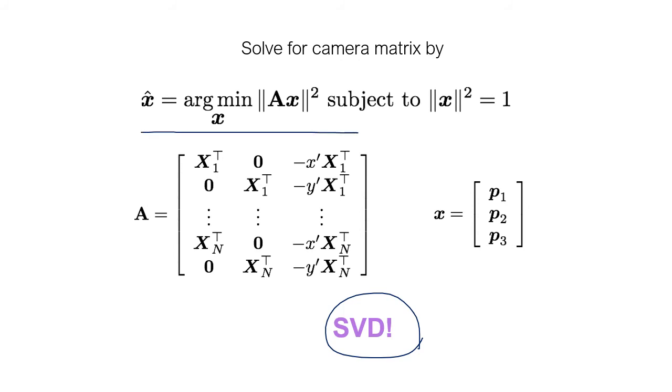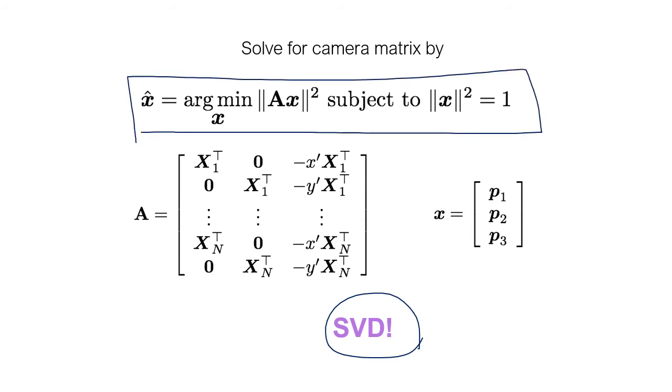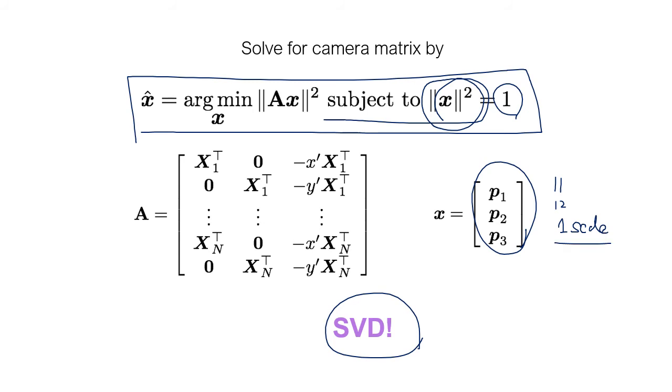So this is the equation we want to solve. We impose the constraint that the L2 norm of x equals 1, because the degrees of freedom are 11, but the number of elements is 12, so we have one scale factor. For this scale factor, we need some kind of normalization. The constraint that the L2 norm of x equals 1 determines the scale factor.